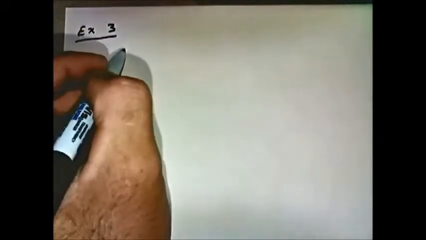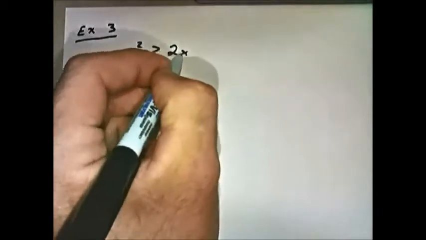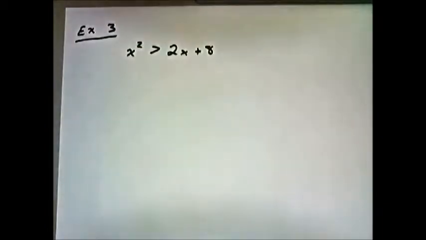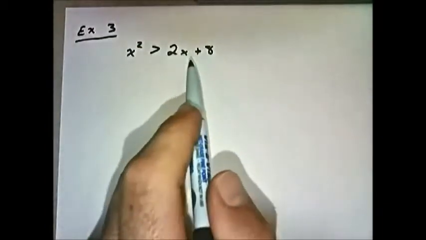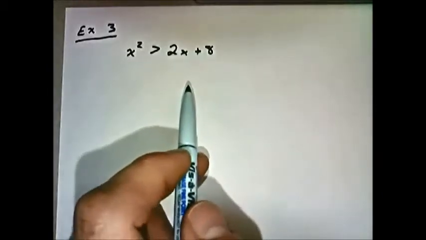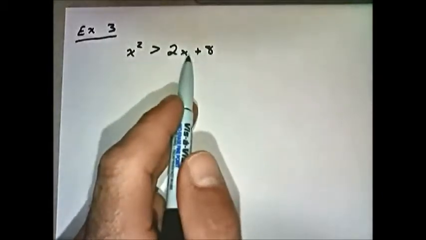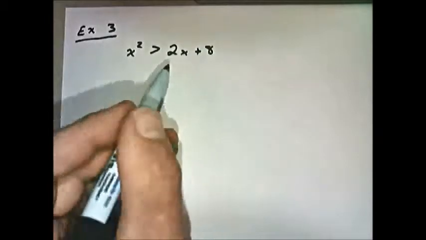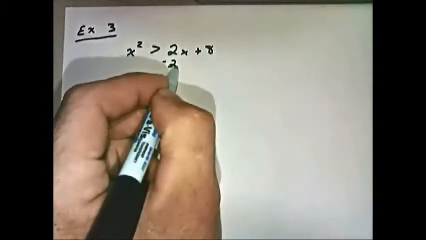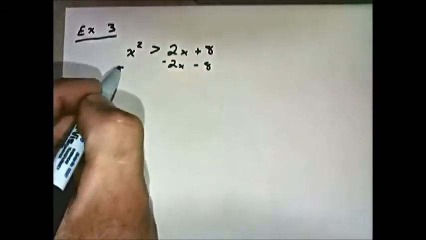In example 3, let's look at one more that's not set up as nicely to begin with. Let's give x squared is greater than 2x plus 8. Notice we are not greater than or equal to or less than or equal to 0. We want to go ahead and set that equal to 0, so we're going to subtract 2x and subtract 8 from both sides.